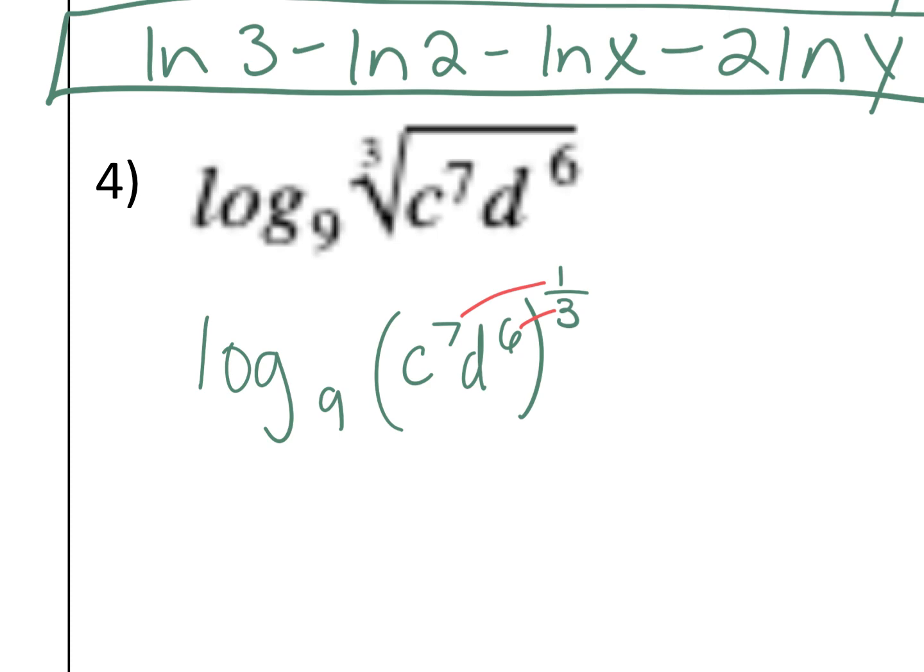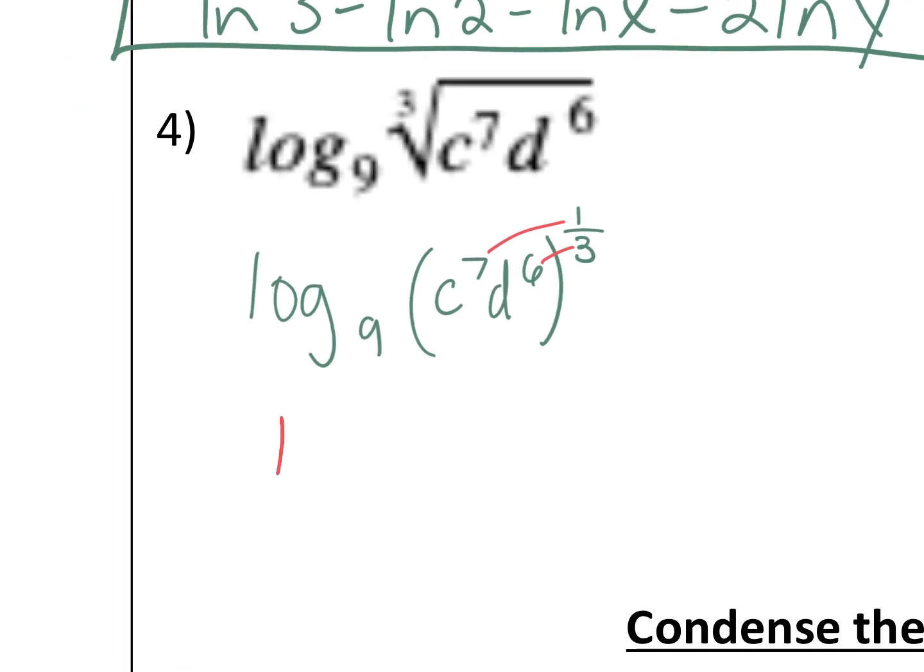Multiply them. So what this is going to become then is log base 9 of c to the 7 times 1/3, which is, what is 7 times 1/3? 7/3. And then d to the 6 times 1/3. Yeah, 6/3, which is just 2. Perfect.